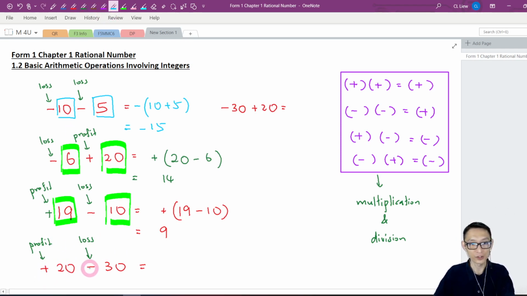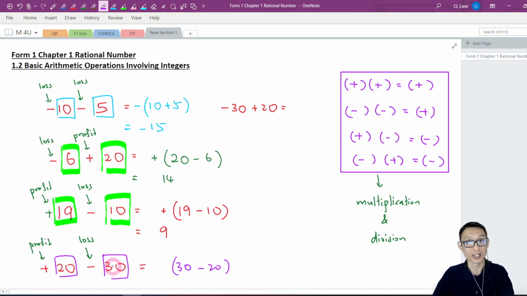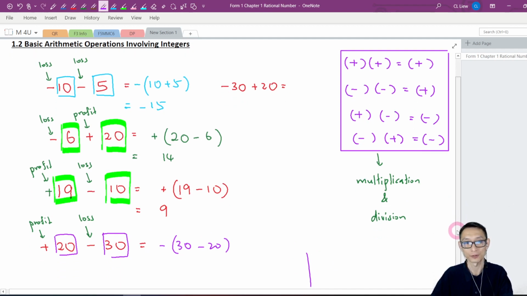Again, different sign, find their difference. Find the difference between these two numbers. Take the larger number minus the small number and follow the sign of the larger number. In this situation, the loss is larger, so definitely your final answer will be a negative number. Negative 10. Okay, now let's try the last one.